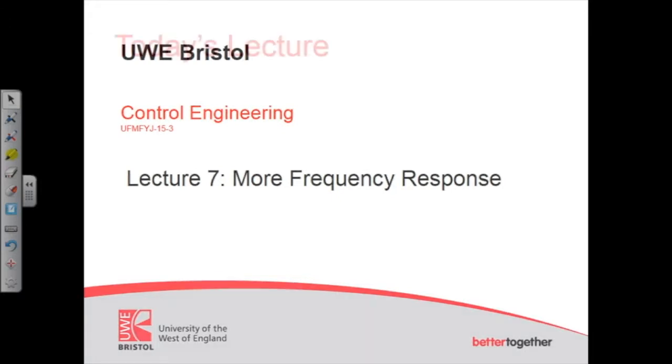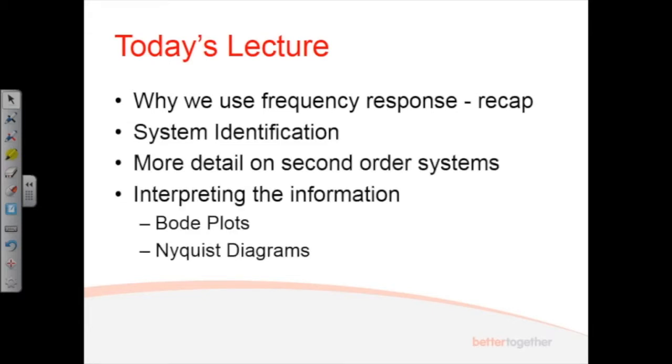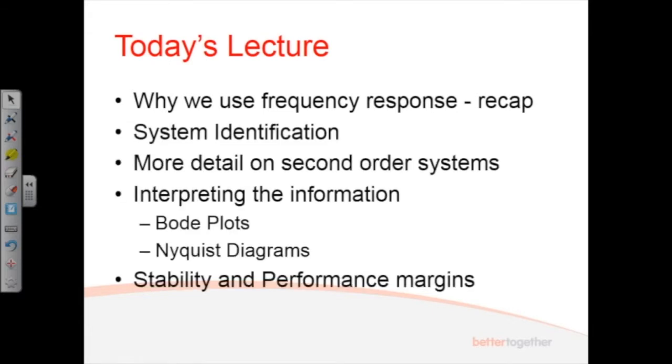One thing I haven't talked about yet, that's a recap, the bit at the bottom, is stability and performance margins, because one thing we can use this frequency response information for is predicting closed loop behavior. If we get open loop frequency response knowledge, we can use it to predict behavior. Okay, and we'll get to that. I'm going to do a bit of revision stuff from last week first, and that's the new bit for today.